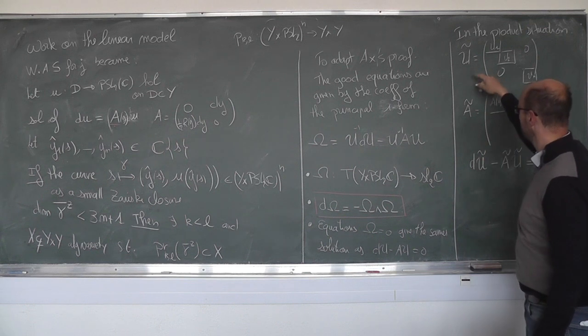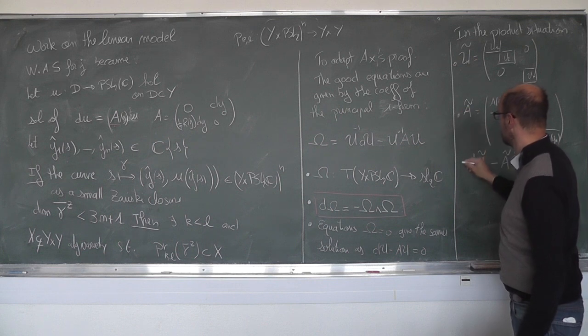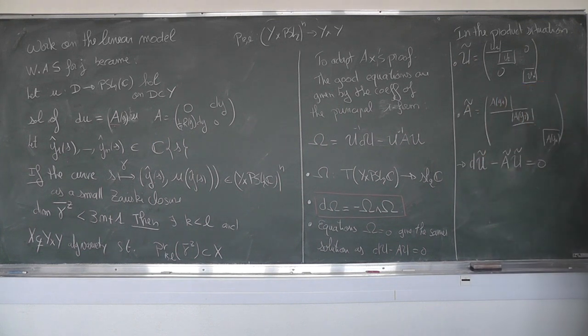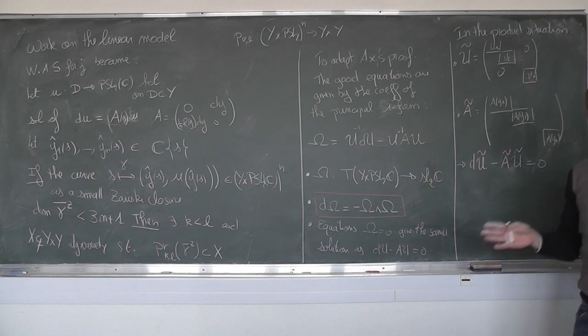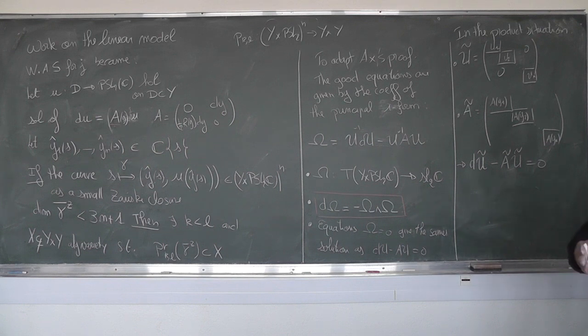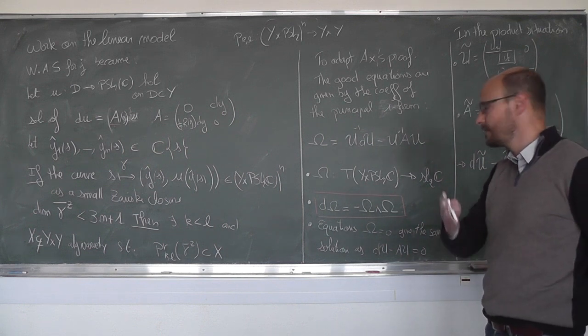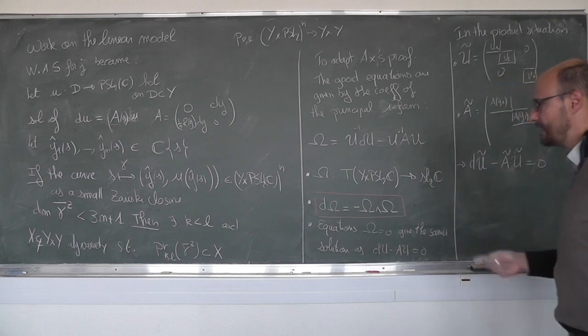So now with this notation, you get this Pfaffian system, which is just a copy of the same equation, this one, in different variables. So you use one independent variable for one equation, one independent variable for another one, etc.